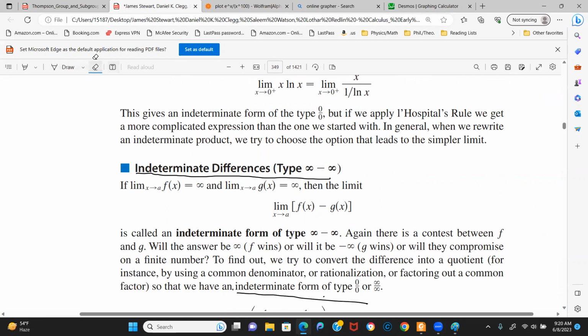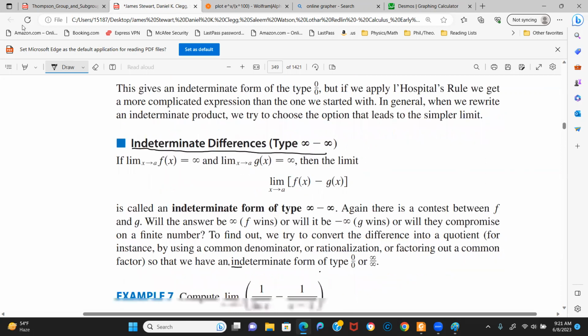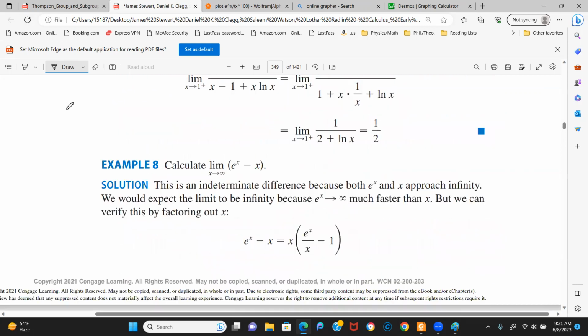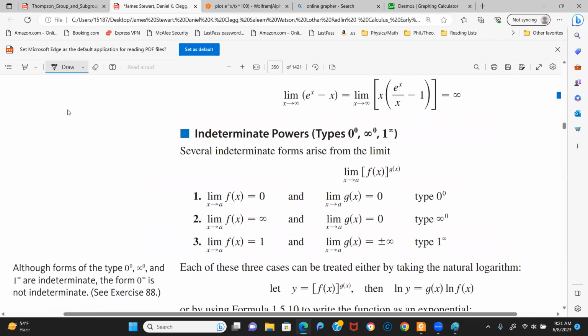So that's going to be a common theme: the primary goal is trying to reduce one of these indeterminate forms into the primary indeterminate forms. The primary indeterminate forms are 0 over 0 and infinity over infinity, and so far we have seen indeterminate product, indeterminate difference, and in fact the next one is going to be indeterminate powers.